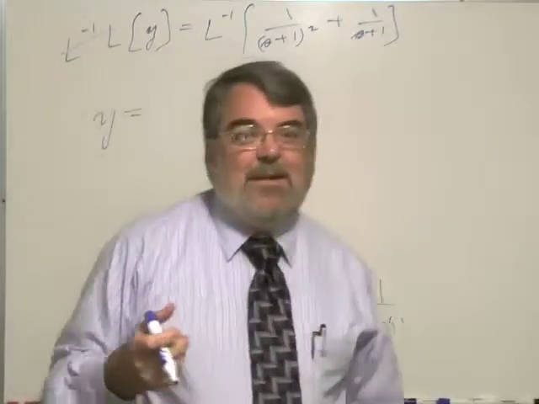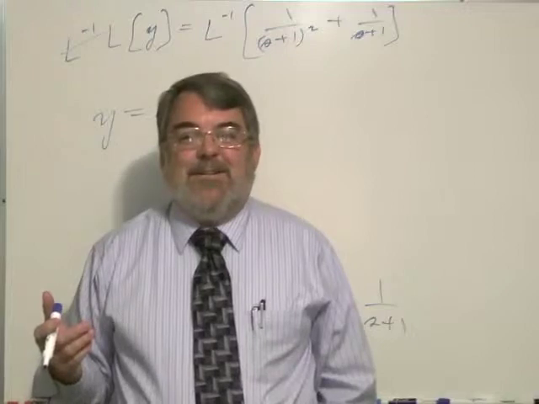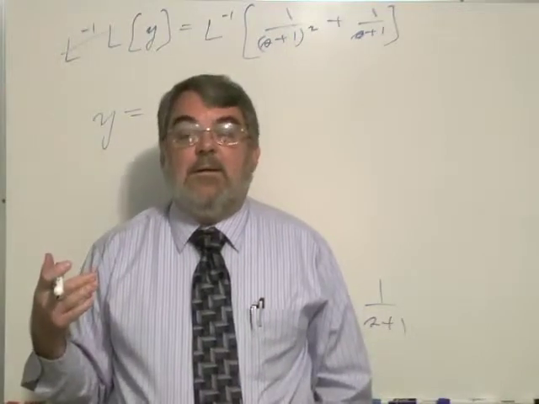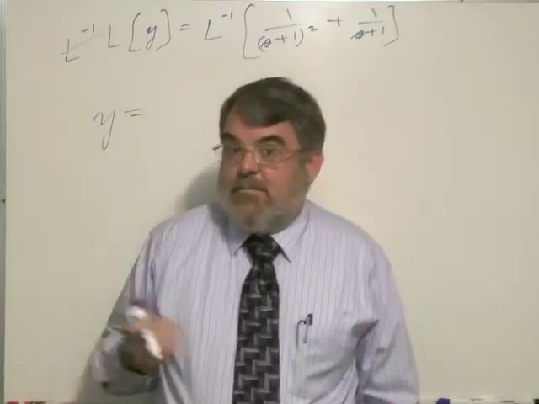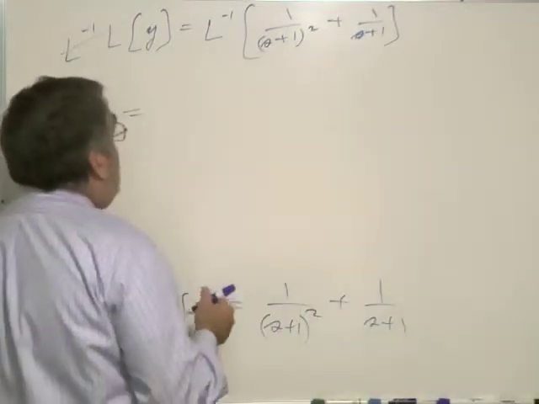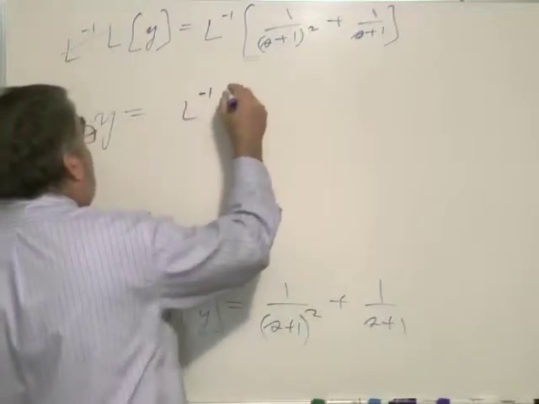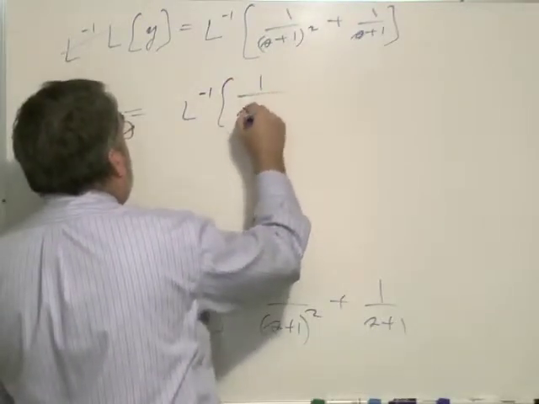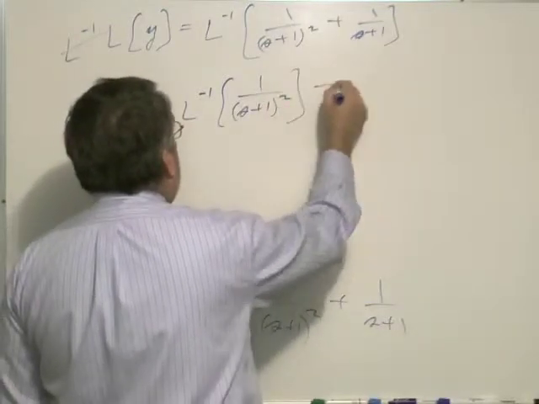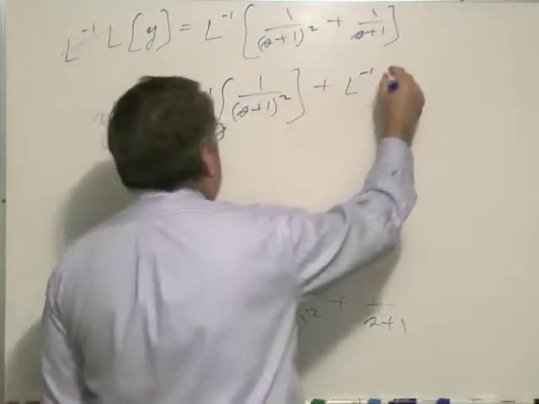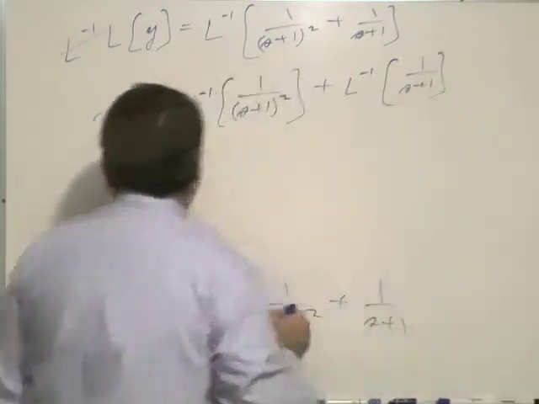Now it turns out the inverse operator is also a linear operator. The inverse Laplace transform operator is a linear operator in its own right. That means I can break this up. And so I have the inverse operator on 1 over (s plus 1) squared, plus the inverse operator operating on 1 over s plus 1.